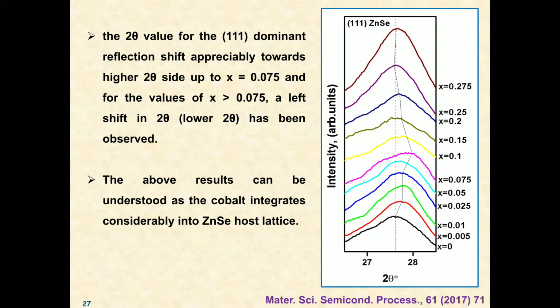The 2 theta value for the 111 dominant reflection shifts appreciably towards the higher 2 theta side up to x equal to 0.0275, and for values of x greater than 0.075 a left shift in 2 theta has been observed. The above results can be understood as cobalt integrates considerably into the ZnSe host lattice.